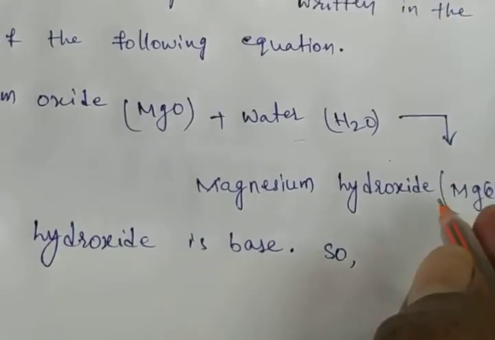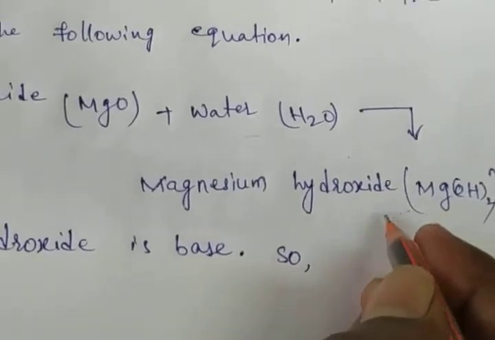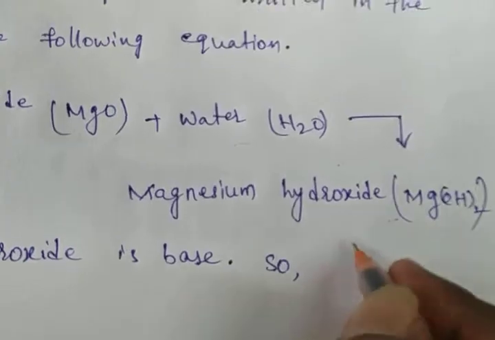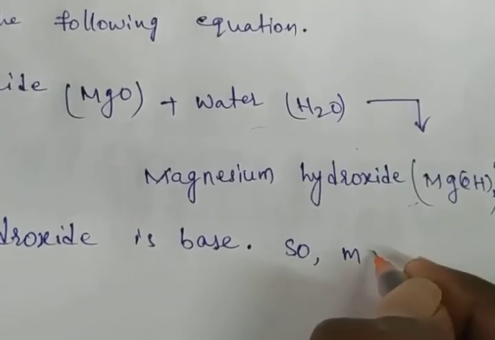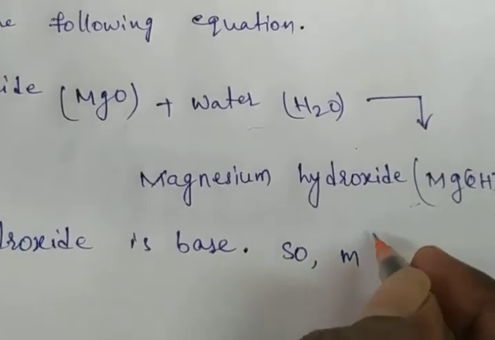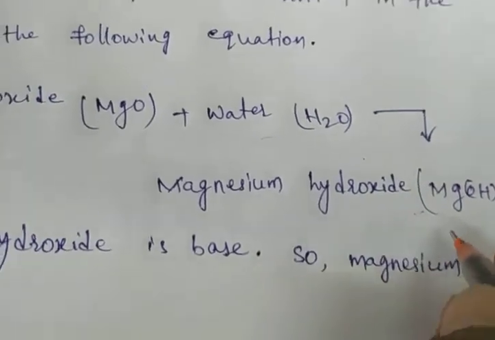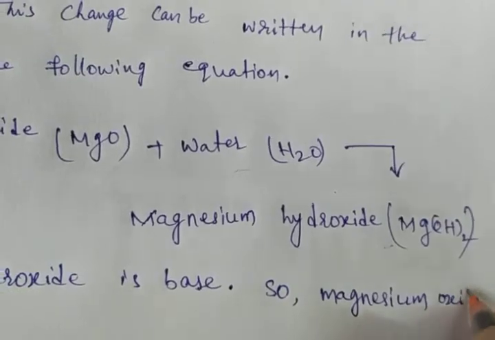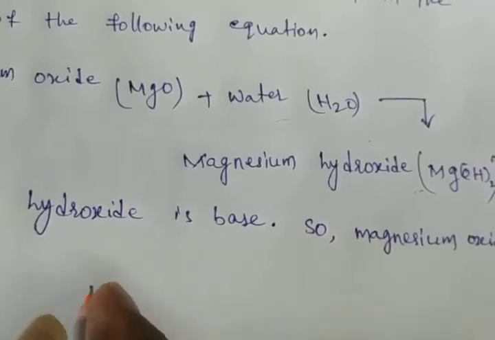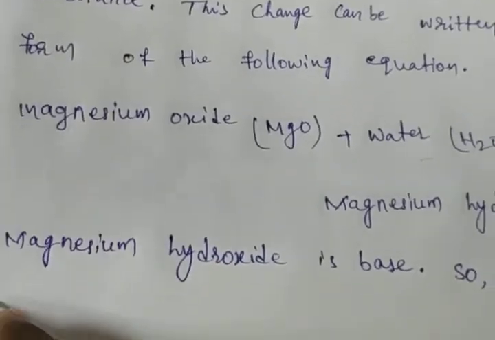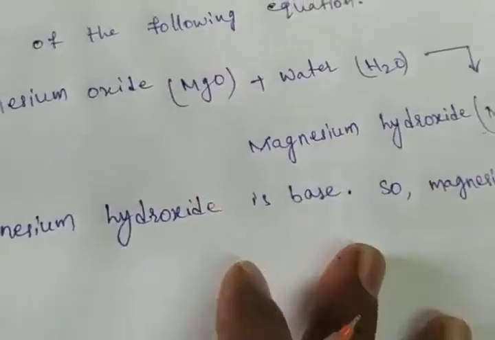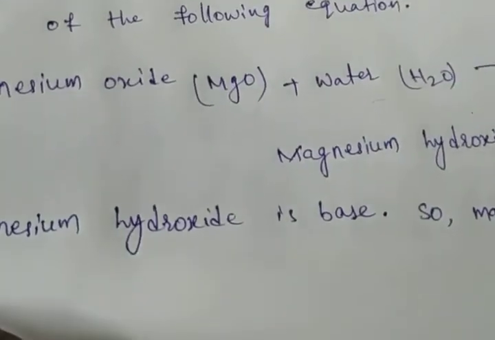So magnesium oxide is a new substance formed on burning of magnesium. First magnesium oxide will be formed. Already we discussed this.